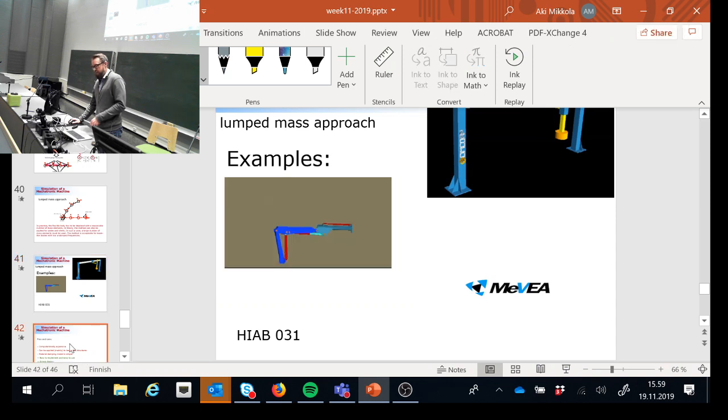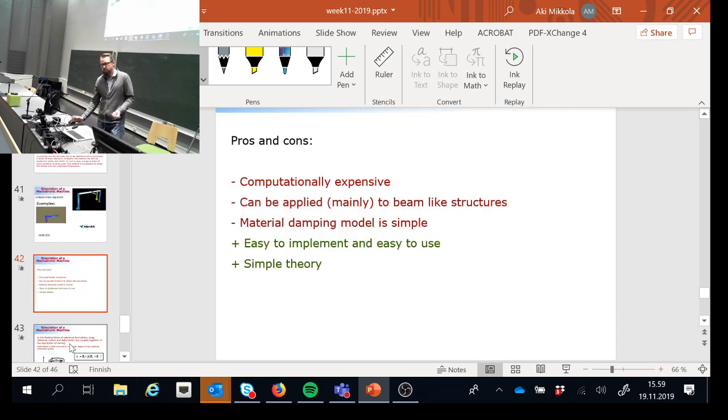And just to conclude, this is computationally expensive because it usually leads to cases where the system becomes numerically stiff. Numerically stiff means that you have high frequencies and low frequencies in your model simultaneously.